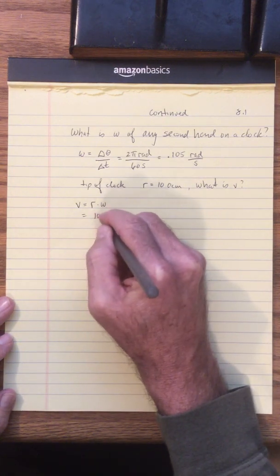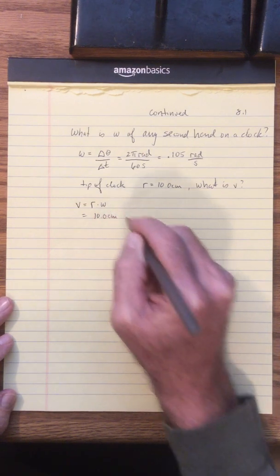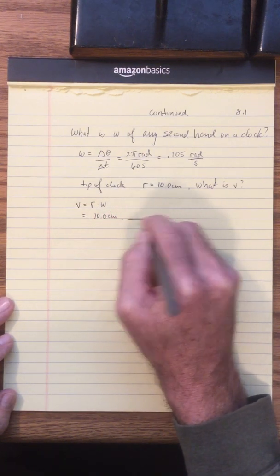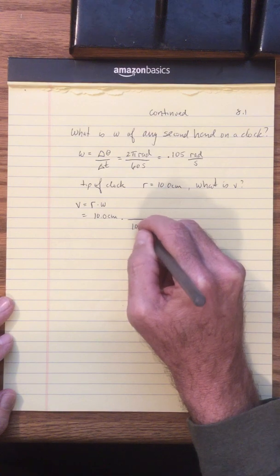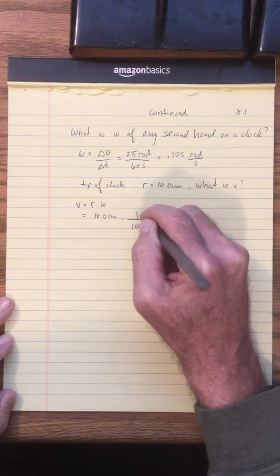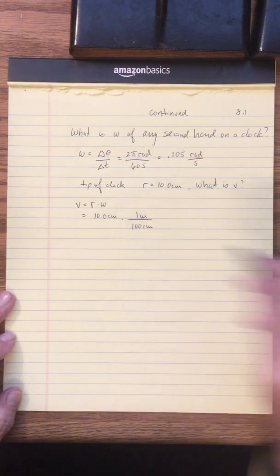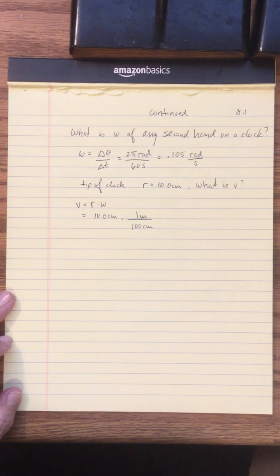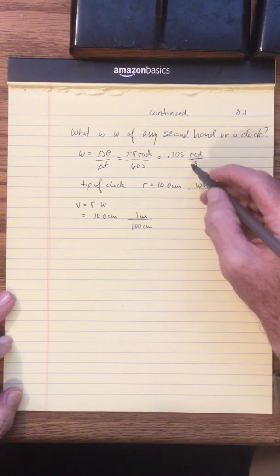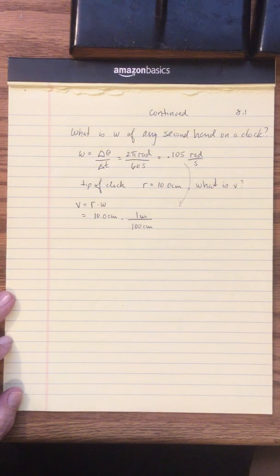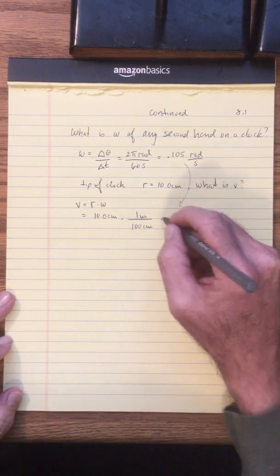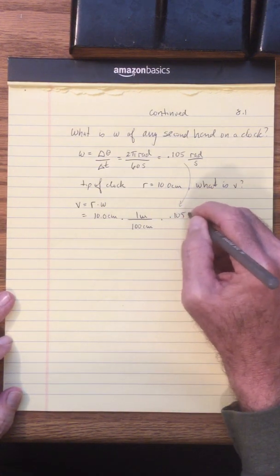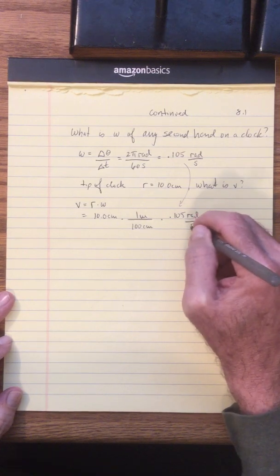So we have the 10.0 centimeters, and if we convert this into meters, 100 centimeters is equal to 1 meter. Because velocity is measured in meters per second, of course that will be 0.1 meters. And we're going to be using the information from the previous problem and plug that in for the omega, which is 0.105 radians per second.